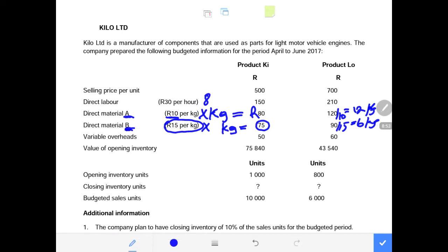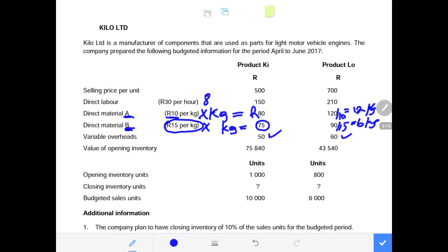Now overheads, we have them as 50 rand per unit and 60 rand per unit. And overheads are normally absorbed based on direct labor hours, but any base can be used. It can be based on the number of units. It can be based on direct labor hours. It can be based on machine hours.